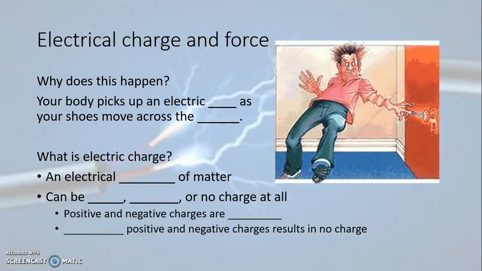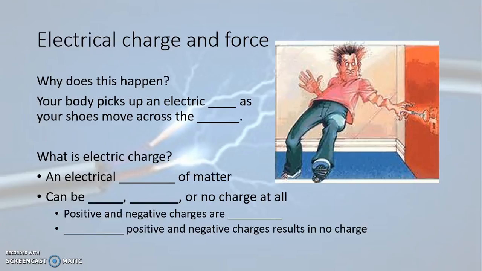Well, your body's going to pick up an electric charge as your shoes are shuffling across the carpet. As your shoes shuffle across the carpet, there's a transfer of electrons. So the electrons from the carpet, which is neutral in charge, are now being pulled into your shoes. Your shoes are going to pick up that negative charge.